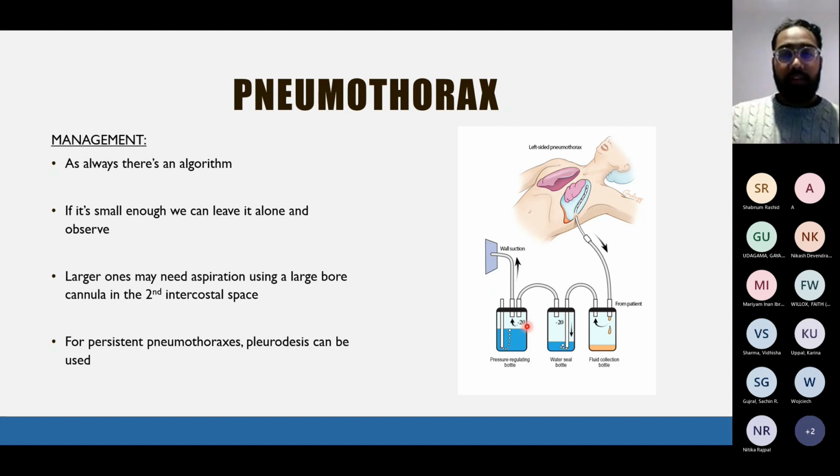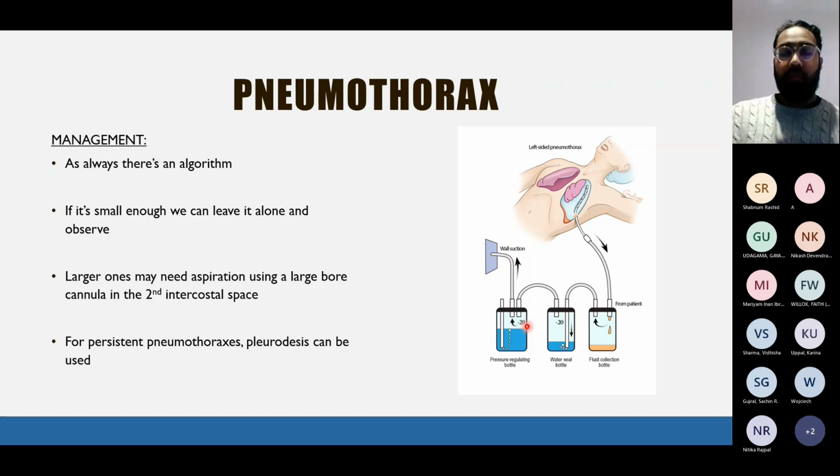If someone keeps having loads of pneumothoraces, we can do pleurodesis. So they put a chemical in between the two pleural membranes. Commonly it's a mixture of some chemicals, one of which is talcum powder, like the white baby powder.